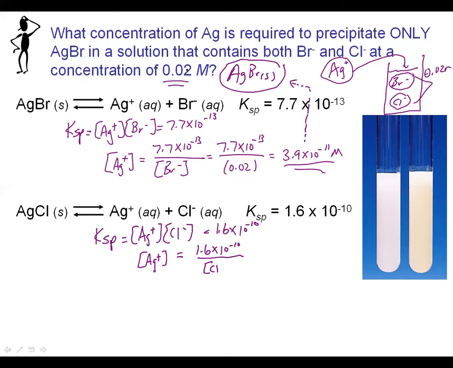And in this particular case, again, the chloride was also 0.02. So 1.6 times 10 to the minus 10 over 0.02 gives us a concentration for silver of 8 times 10 to the minus 9.